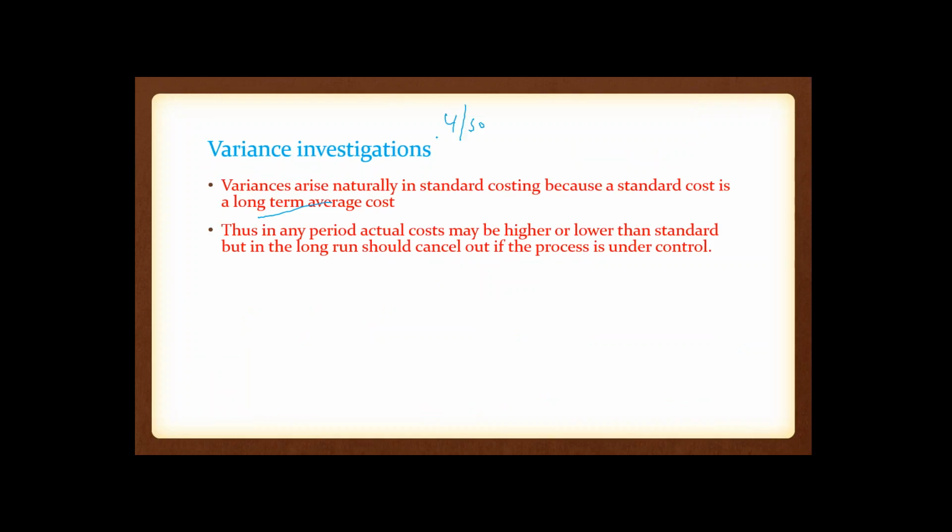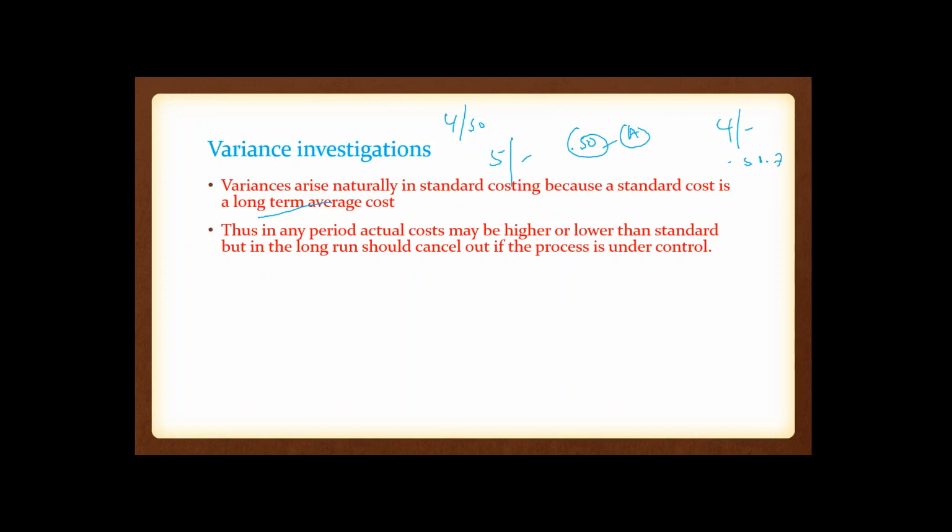So you have worked out the standard based on the long-term average cost, not today's cost. When you put the price at 5 today, you have a variance of 50 cents. Although it is 5 today, maybe next week it will come down to 4. So here it's a 50 cents adverse variance.